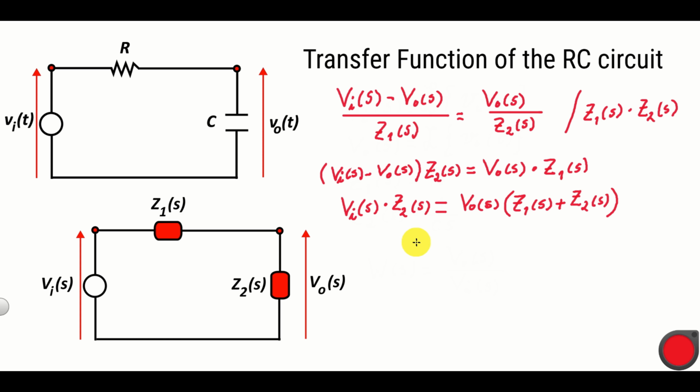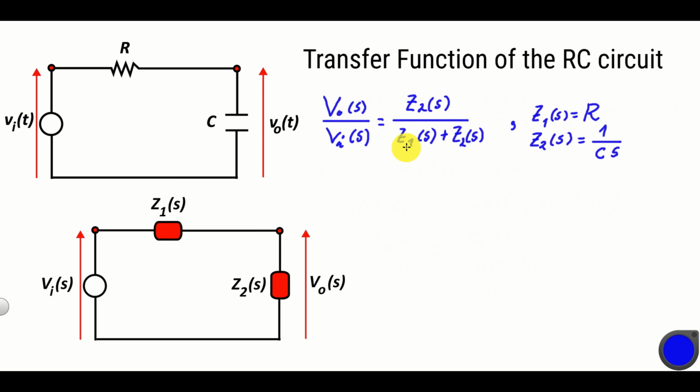And finally, our transfer function becomes Vo of s over Vi of s, and we have in the numerator Z2 of s, and in the denominator Z1 of s plus Z2 of s. And that's it. The next step is to substitute the impedances in this expression.